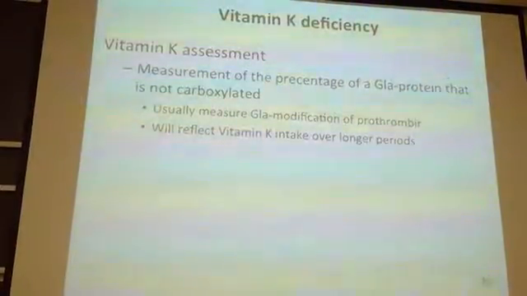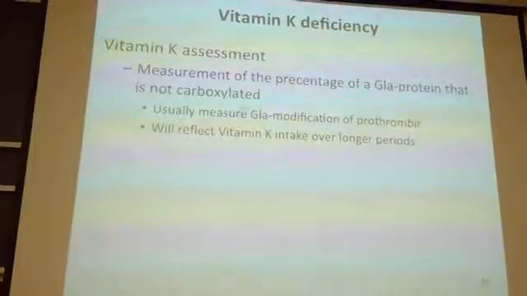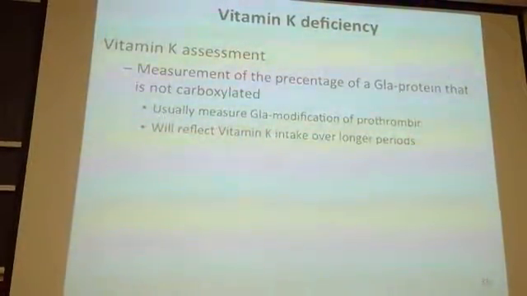So prothrombin has a relatively long half-life, around 60 days. And so similar to when we talked about glucose modification of hemoglobin as a metric of glucose homeostasis for diabetics, this would be a similar measure, measuring the modification of prothrombin in the blood, since it has a long half-life.